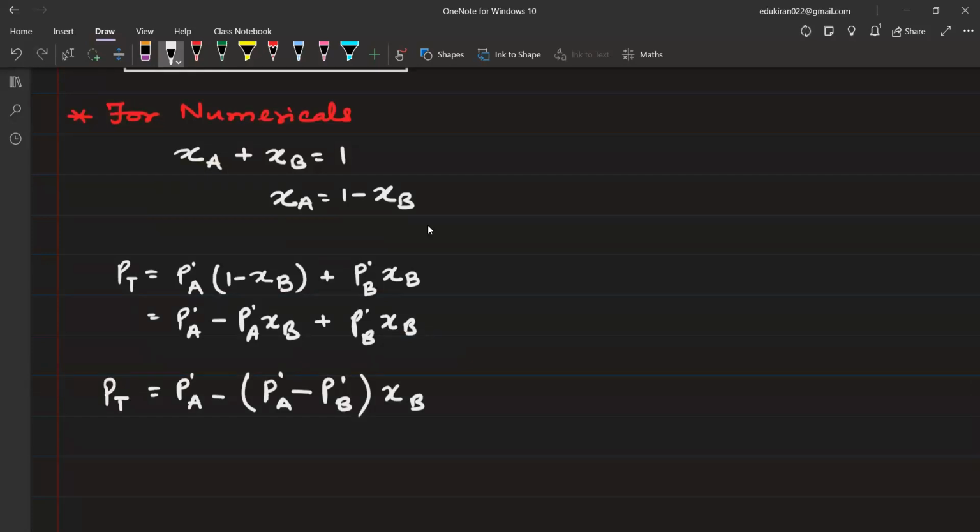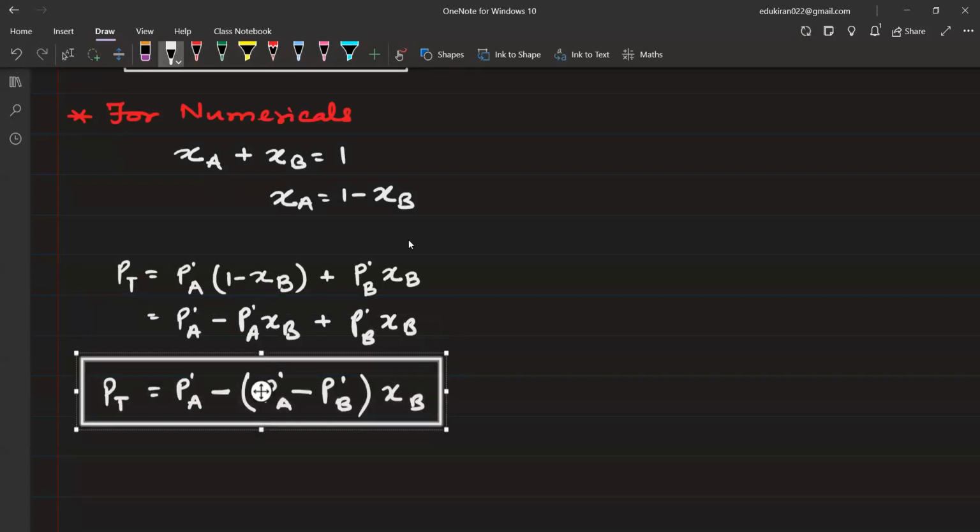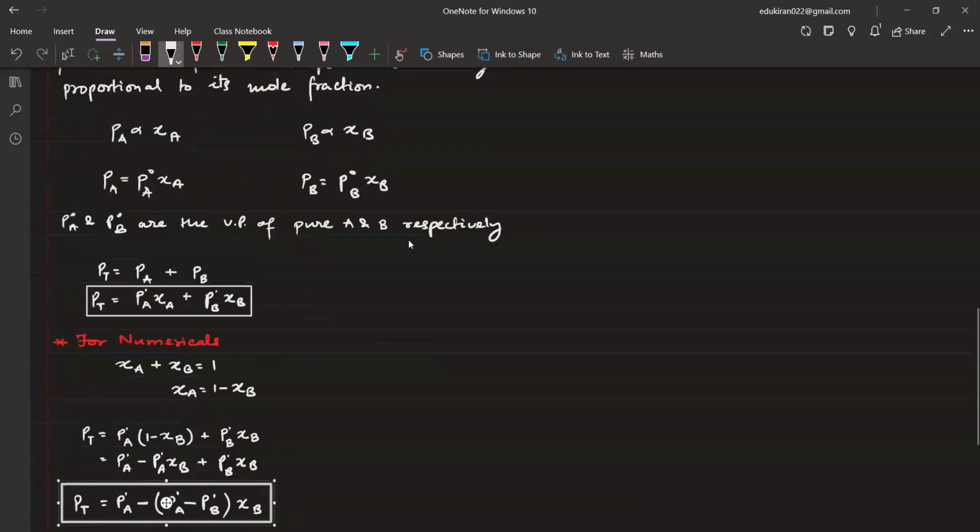P total equals P naught A minus, we have taken chi B as common. P naught A is plus and P naught B is minus here, so taking minus chi B as common, the sign changes. So this is the expression that we are going to use for numericals. Those who have not written, please complete.